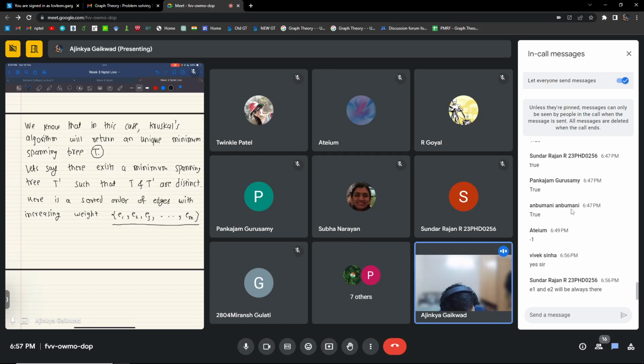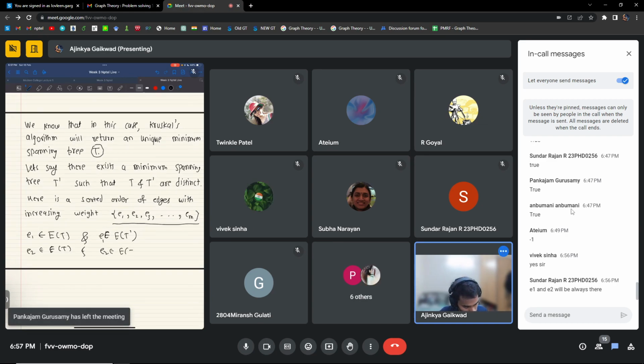So E1 belongs to the edges of T, and E1 also belongs to the edges of T prime, because E1 is the edge with minimum weight and it is there in all minimum spanning trees. Here we have two, T and T prime, and E1 is there in both of them. Then someone said E2 will always be there. Yes, E2 will always be there, because of the same idea.